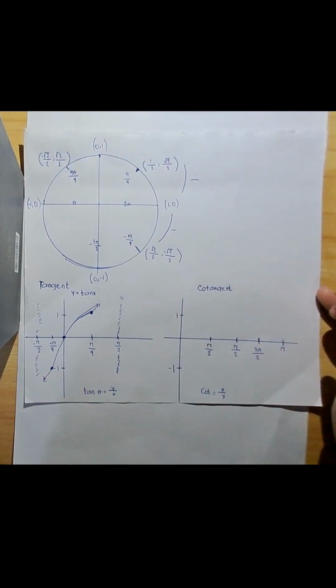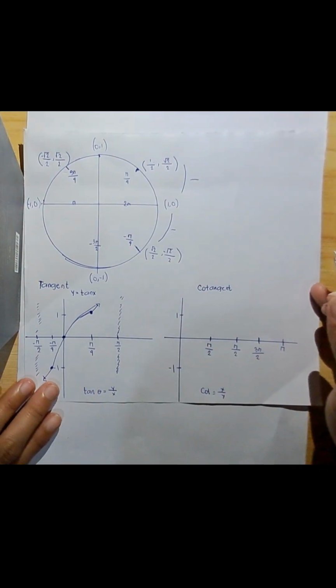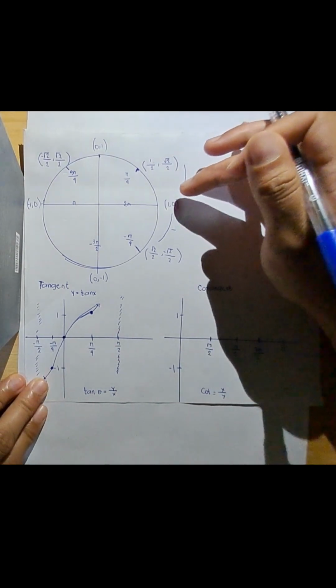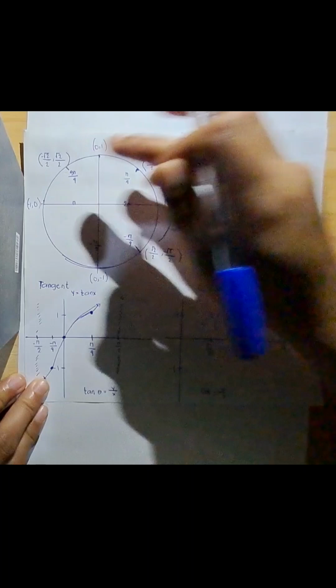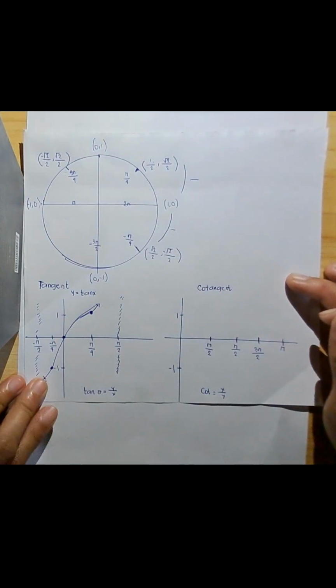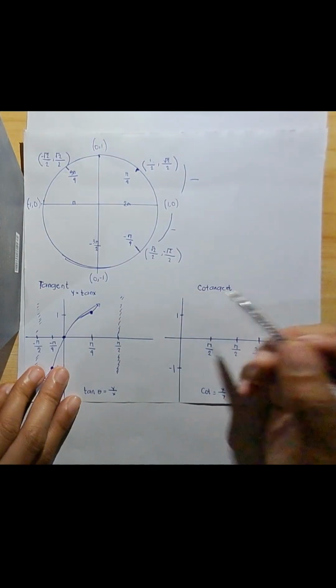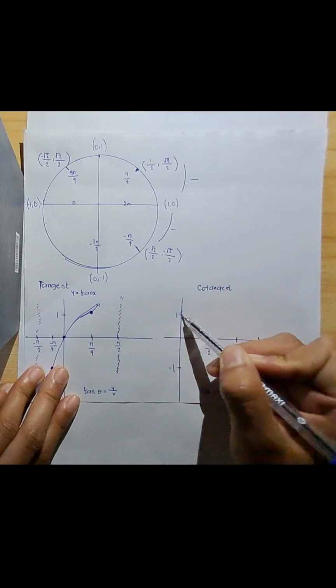So let's move to the cotangent. In cotangent, we have to look at the path from here to here. Here we have the undefined.